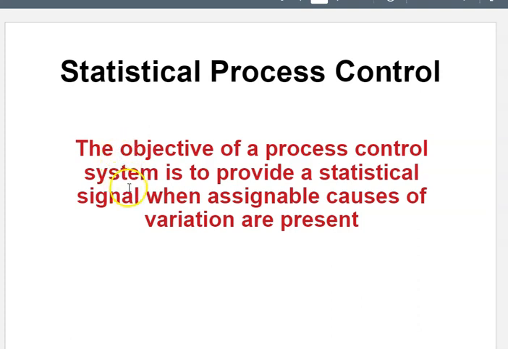Statistical process control. The objective of the process control system is to provide a statistical signal when assignable causes of variation are present. So again, I remind you that variation is against a decision maker's accuracy of decision, and the higher the variation of numbers in a process, the more difficult it is to put the system in control.